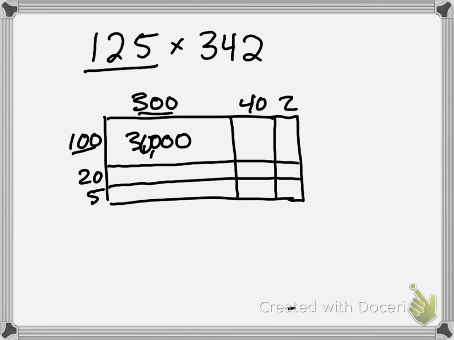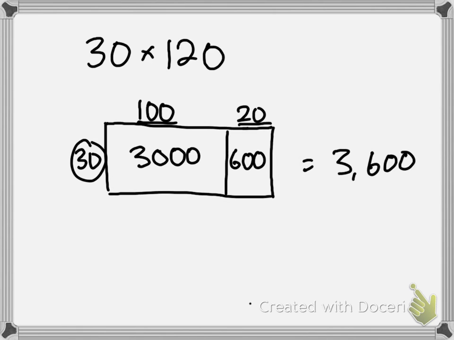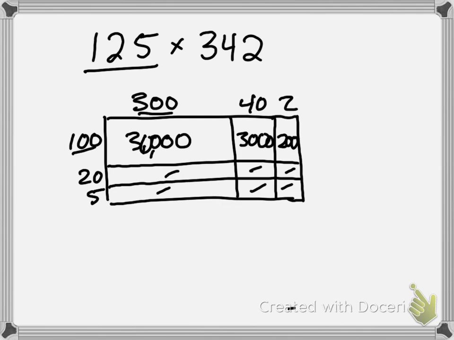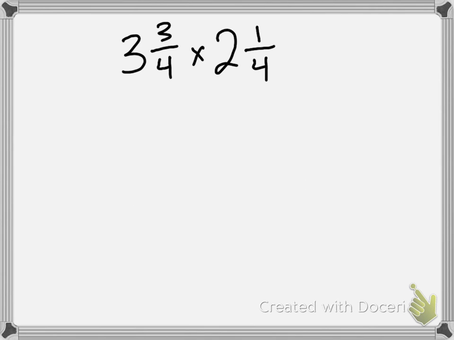And then you would continue filling these in, and then just as we did with this model here, you would just add up everything on the inside to find the total value.